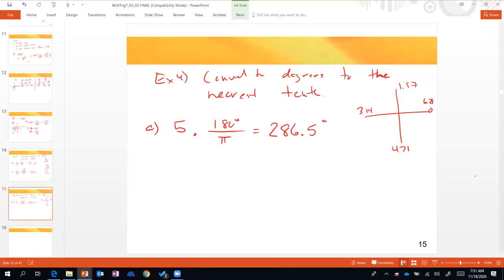Try it as well. It doesn't really matter which mode you're in on the calculator. The mode is really when you're going to do a trig function. All right, can I get a second for 286.5? Cool.